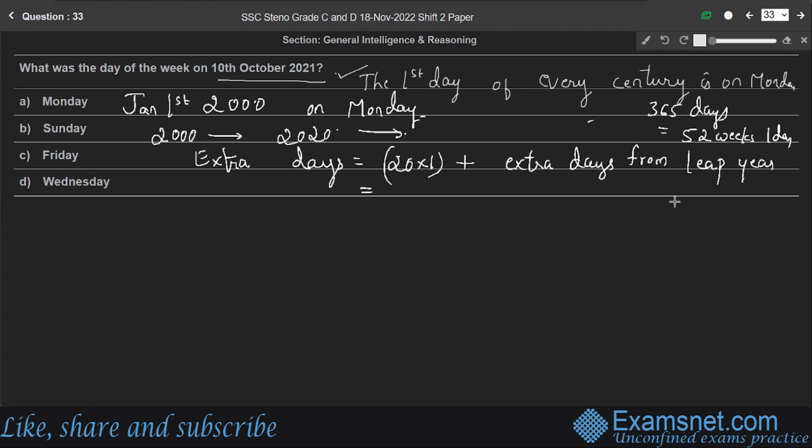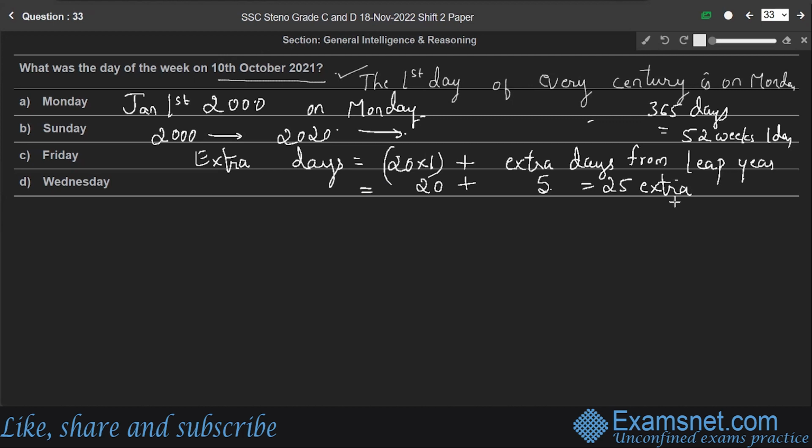A leap year comes once in 4 years: 2004, 2008, 2012, 2016, and 2020. Therefore, 20 extra days from 20 years and 5 extra days from leap years. Therefore, we'll have 25 extra days apart from so many weeks in 20 years.